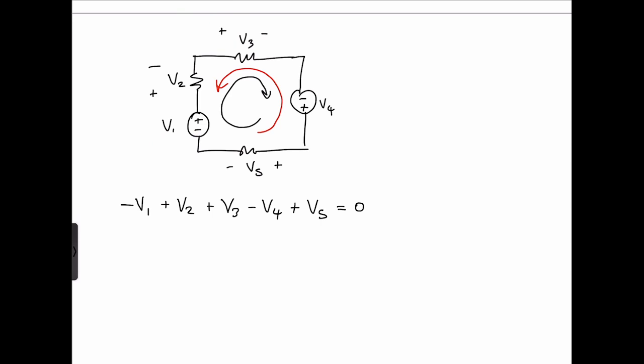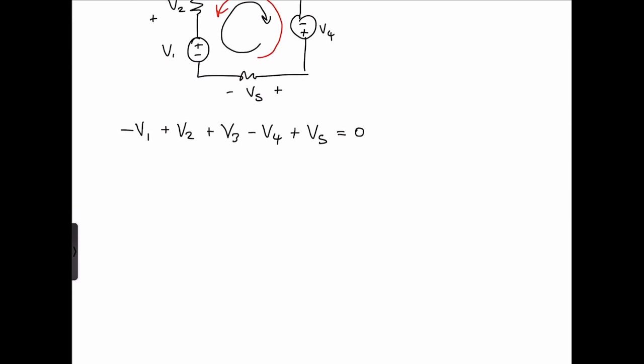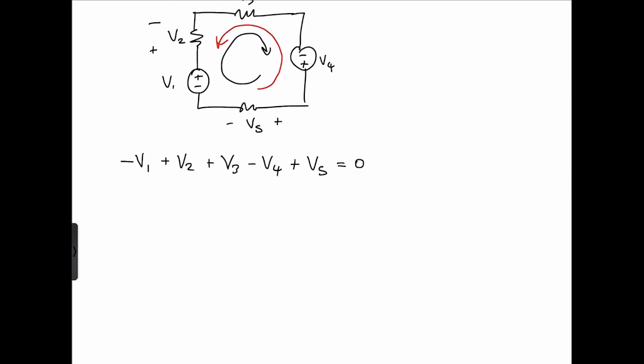So we can then state that the sum of voltage drops in a circuit is equal to the sum of voltage rises. What that means is voltage drops are negative, could be positive. It's the way the circuit is analyzed, but in a sense, negative.